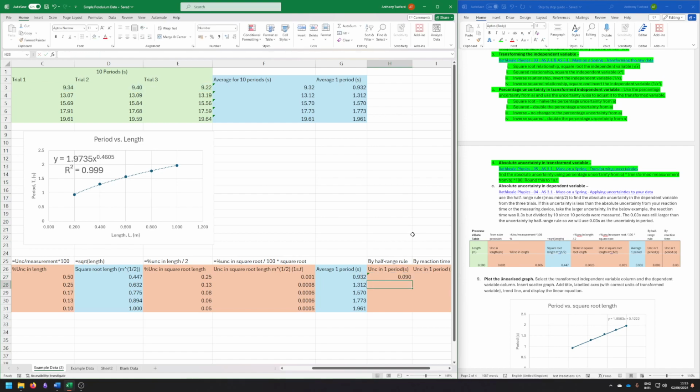And then we can hit enter. It's always good to just check the first one with your calculator to make sure it is right. And then double click to drop down. And that is the uncertainty in time period based off of your measurements using the half range rule. Of course, we do need to round this to 1 sig fig. So there we go. And then these ones also to 1 sig fig.